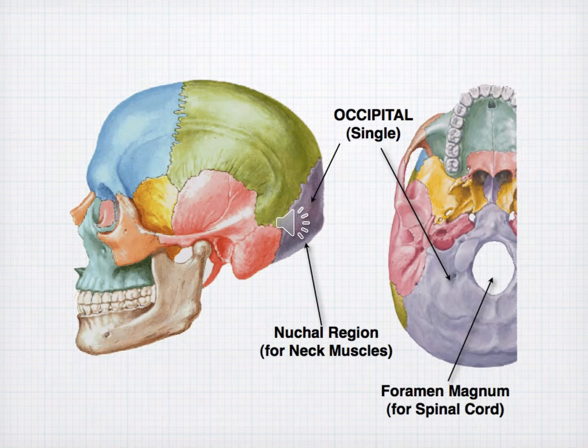Once you turn the cranium upside down and look at the inferior view, you can see what's known as the foramen magnum. The foramen magnum is a very important feature. If we break it down, a foramen is just a hole in bone. And that hole can be made for blood vessels, capillaries, nerves, and veins.